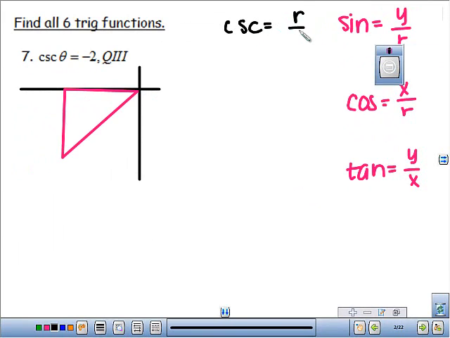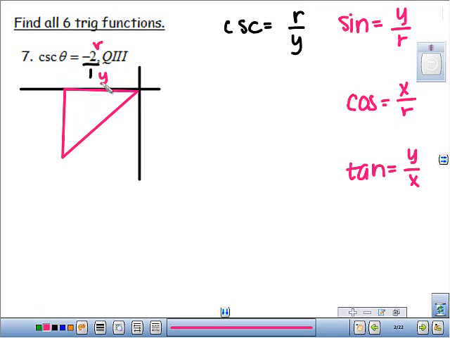So it must be r over y. So they gave us -2, and that's an understood over 1 if you're looking at it as a fraction. So that means r is 2, y is 1. So that's 1 and 2.